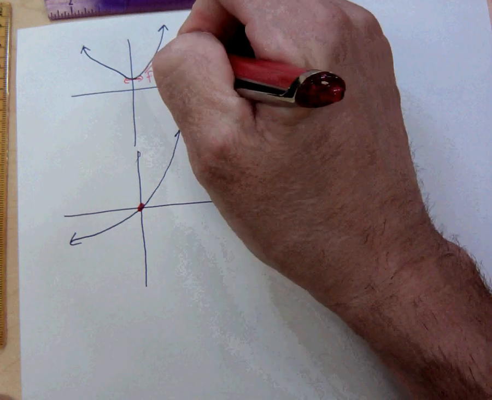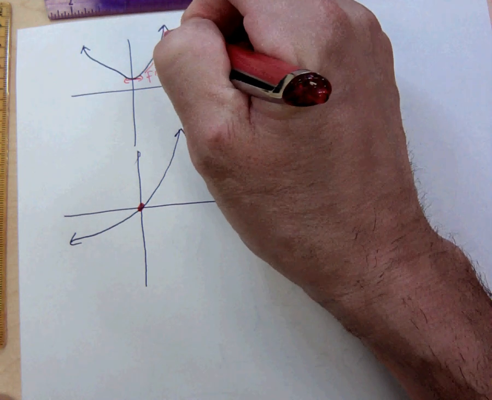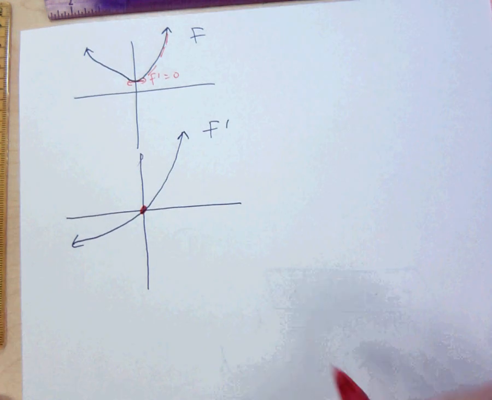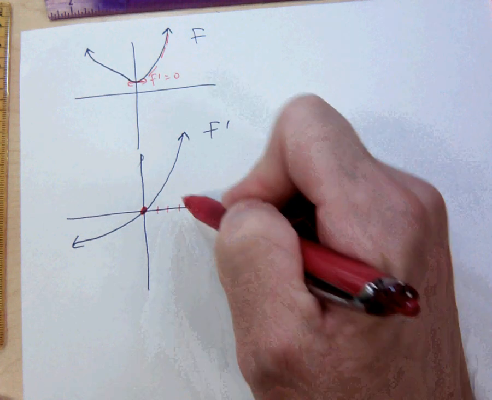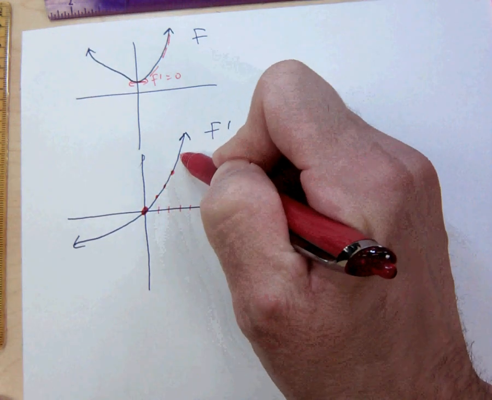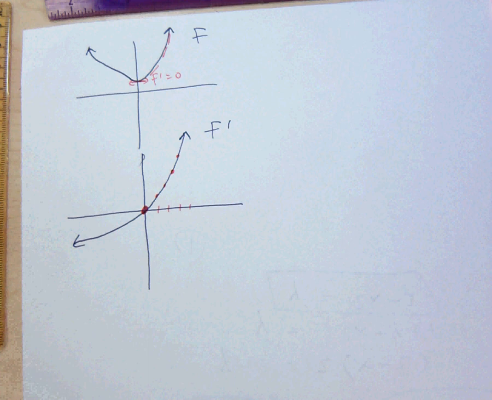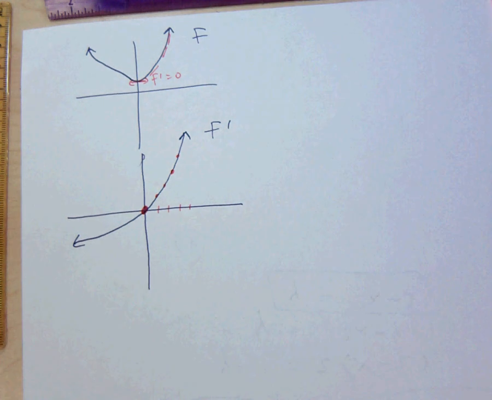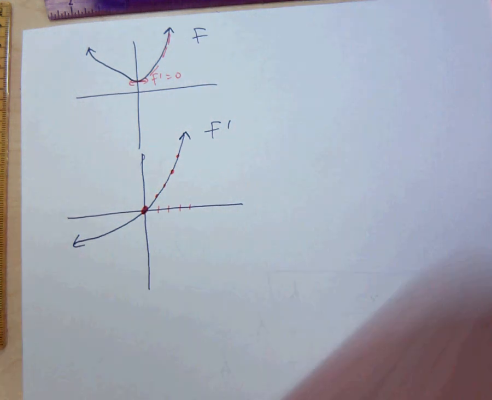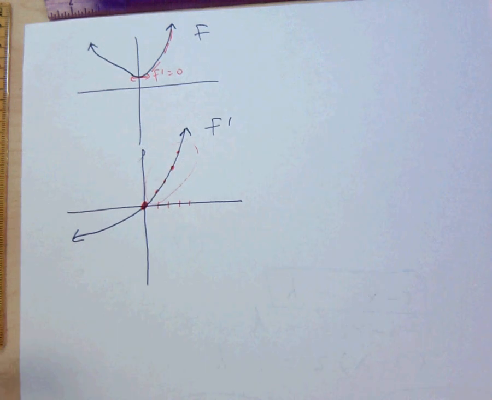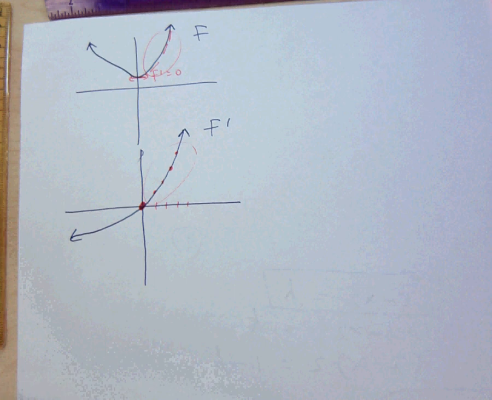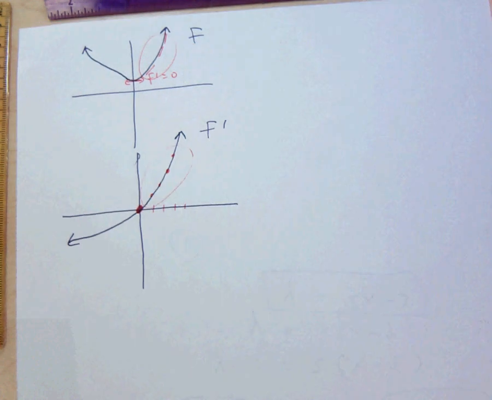Okay, what about all these slopes in here? They're all positive and they look like they're increasing. So guess what? Look at all the y values here. These y values are all positive because they're above the x-axis and they are increasing. You see what I mean? That the y values here, which are positive, meaning above the x-axis and increasing, give you the slopes here. You can clearly see those slopes look like they're positive and increasing.